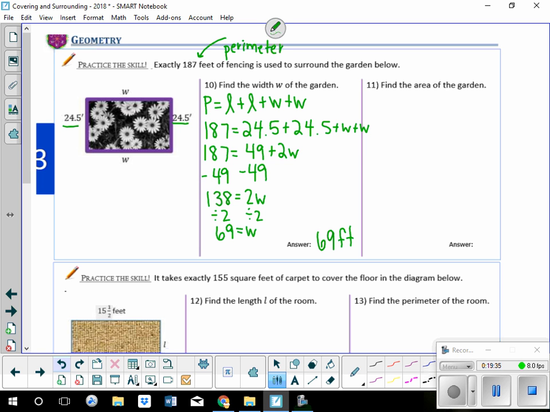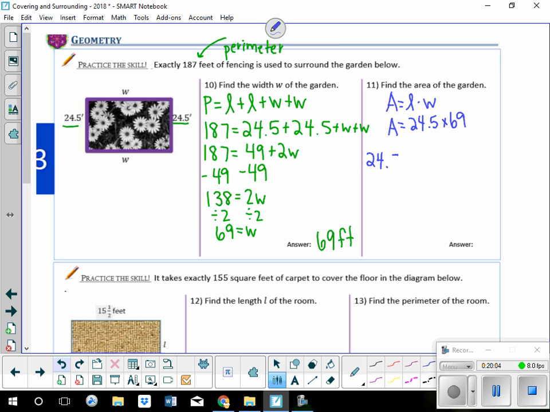So I know area equals length times width. In this case, my length is 24 and a half, and my width is 69. Okay. So I'll go ahead and stack these. 24.5 times 69.